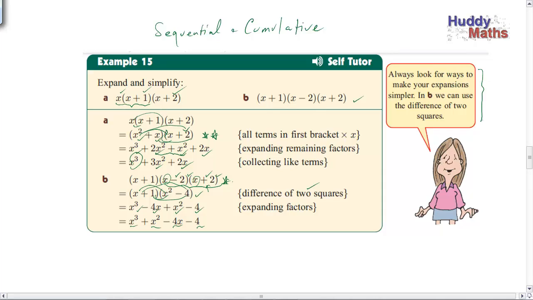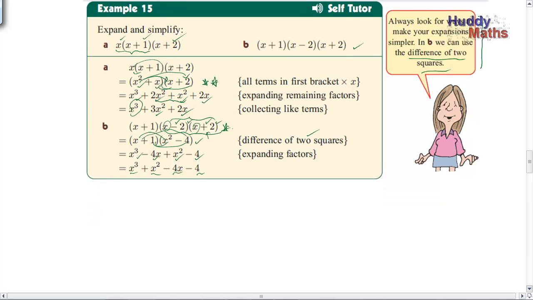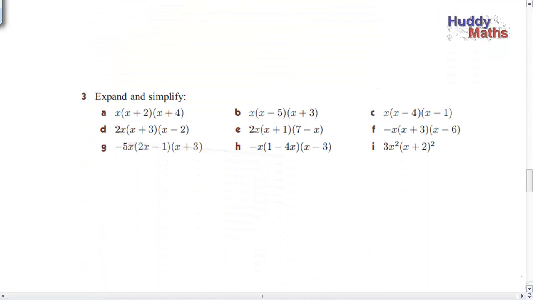This little dude here is saying, always look for ways to make your expression simpler, so that we're pulling out the difference of 2 squares in part B, because we spotted it sitting there. Okay, you can do it in several different ways as long as everything's multiplied by everything else. But here's question 3.